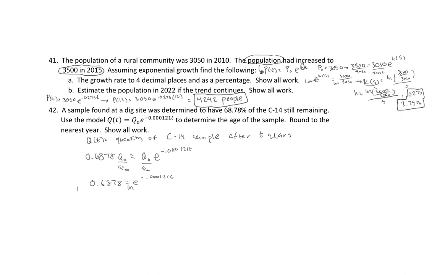To get rid of that e, we take the natural log of both sides, which cancels the natural log and e out. We're left with negative 0.000121 t equal to the natural log of 0.6878. To get t by itself, we divide by that negative decimal, so t is equal to the natural log of 0.6878 divided by negative 0.000121.